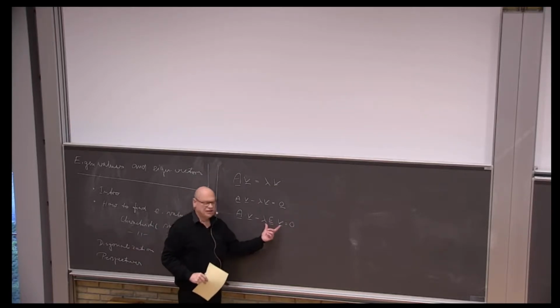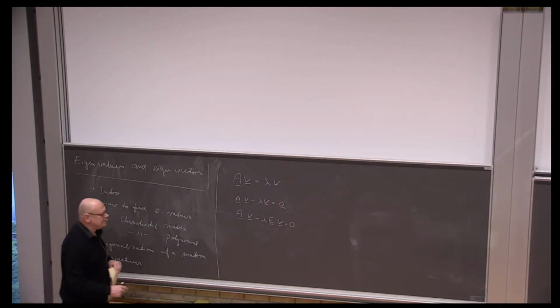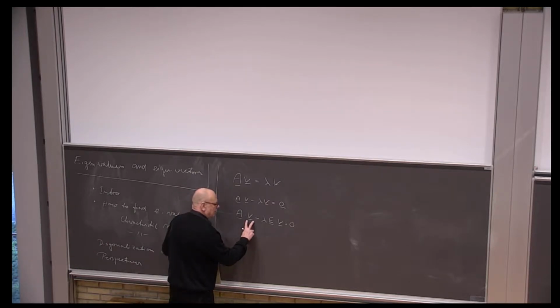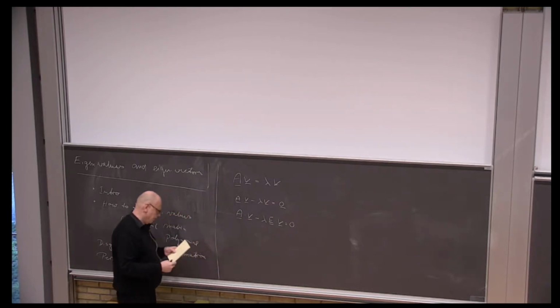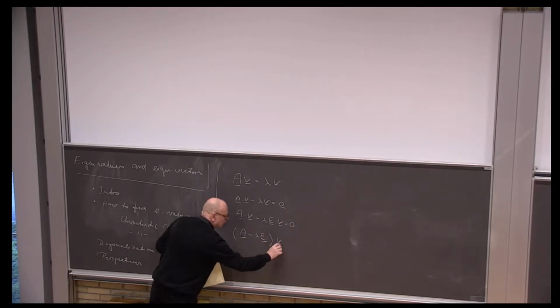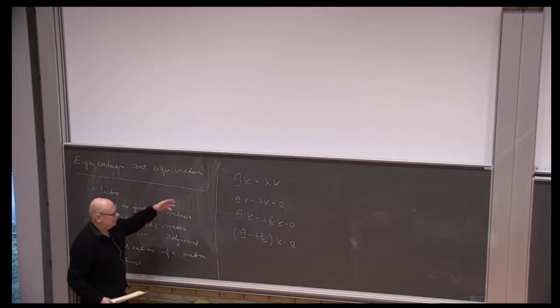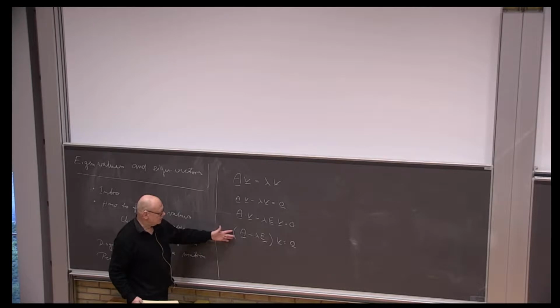By doing this, I'm not changing anything, because the identity matrix, the one with ones on the diagonal and 0 elsewhere, doesn't change this. This is equal to v, so this is okay. But what I can do now is put v outside a bracket. So now I have my equation. This is equivalent to this equation.